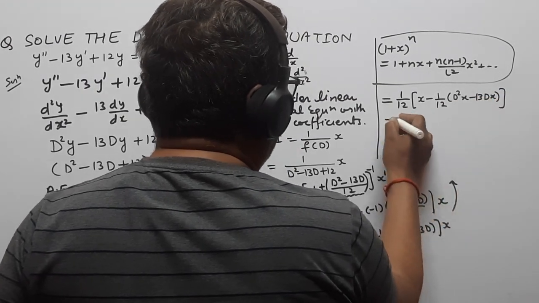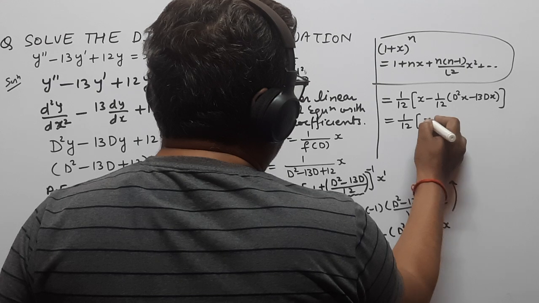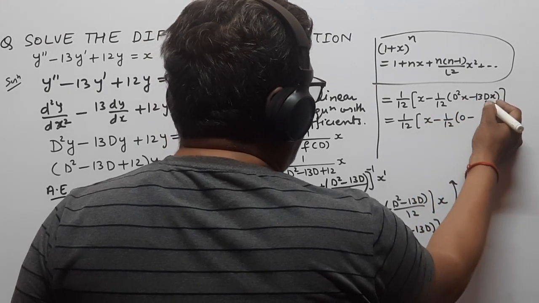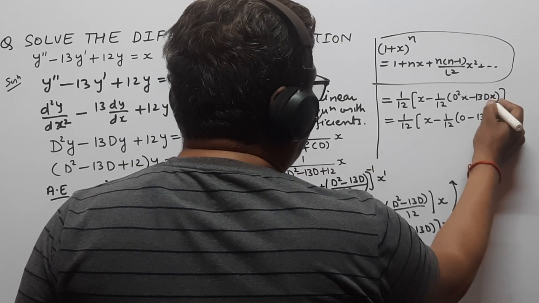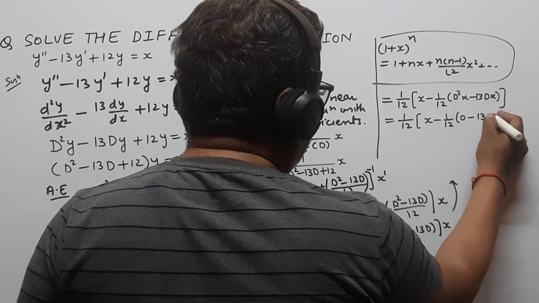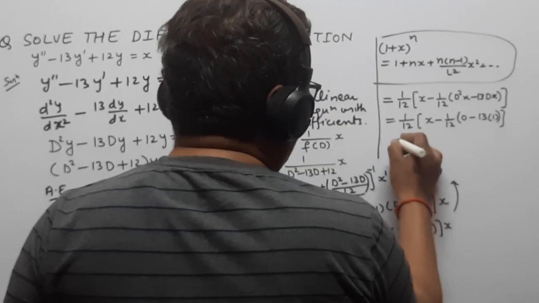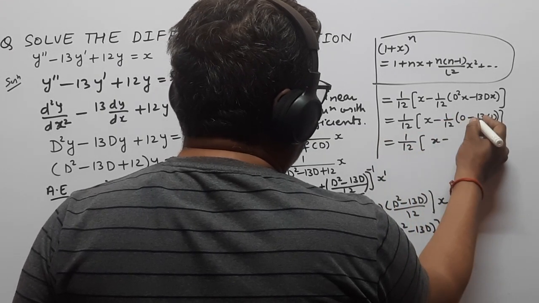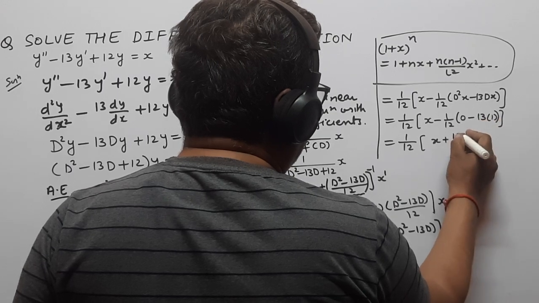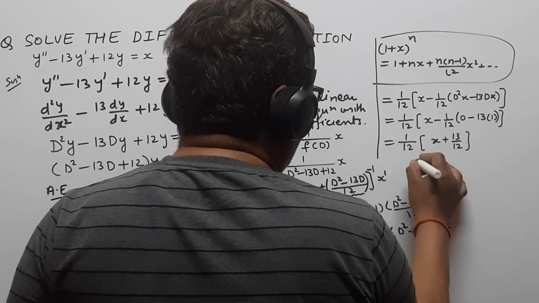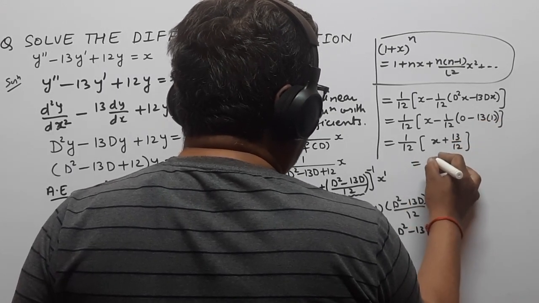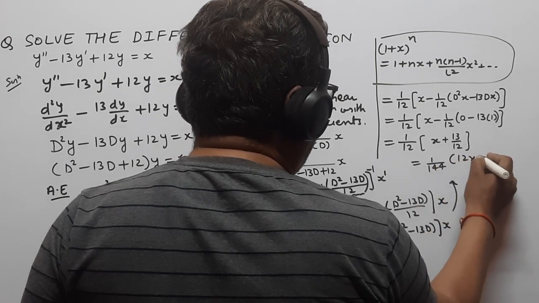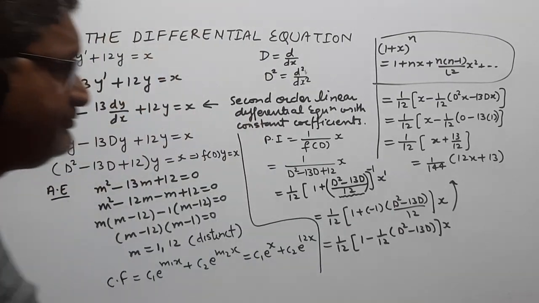You know that D square x means we differentiate x 2 times, we get 0, and Dx means we differentiate x one time, we get 1. So this will be 1 upon 12 times x plus 13 upon 12. Taking LCM, we get 1 upon 144 times 12x plus 13.